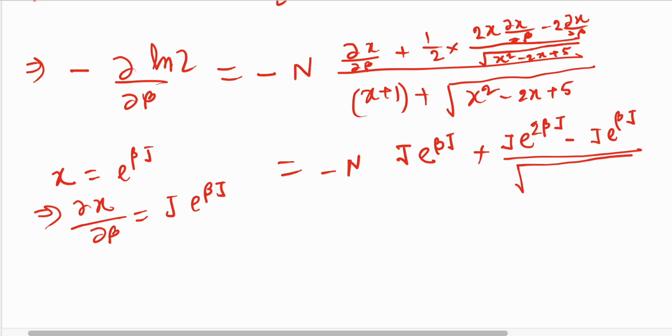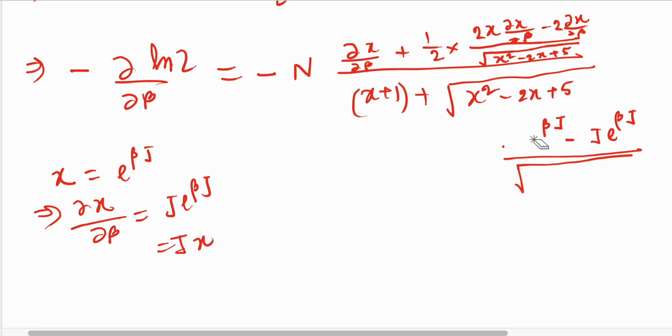So let me write it in terms of x, since e to the power beta j means x.